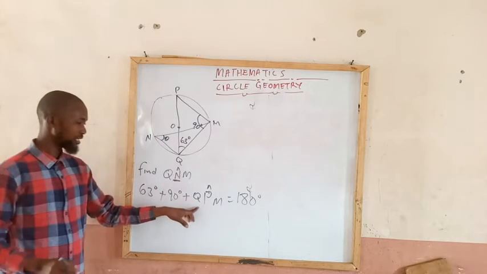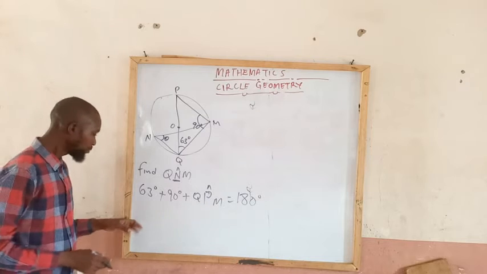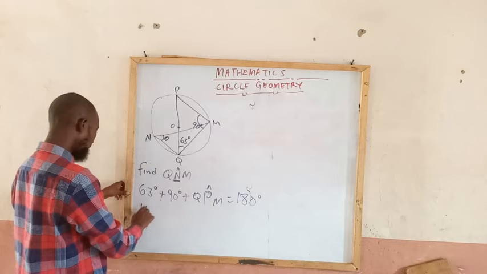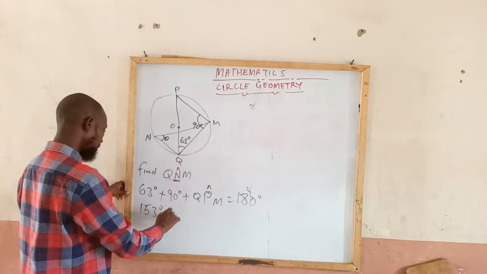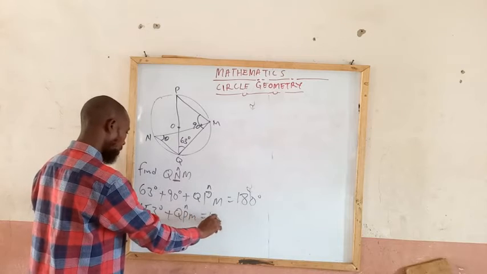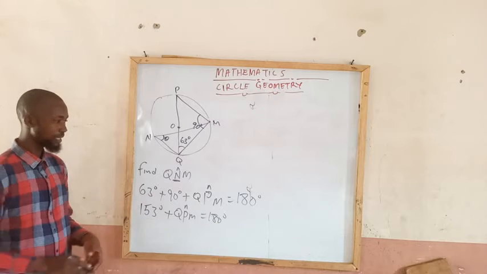The reason for this is the sum of angles in a triangle is 180 degrees. When added together, I have 153 degrees plus QPM is equal to 180 degrees. So to get my QPM, I will have to collect the like terms.